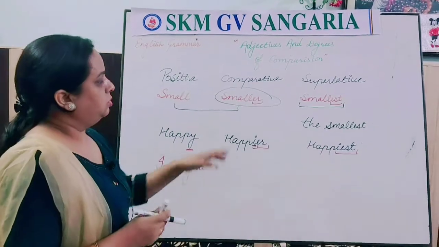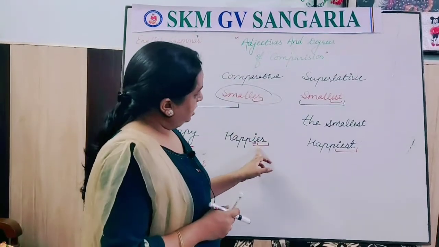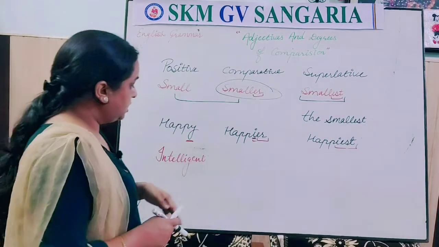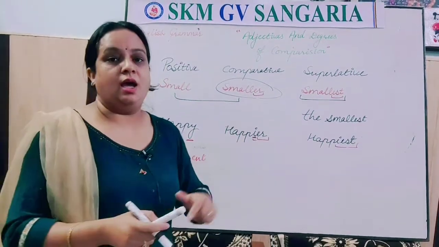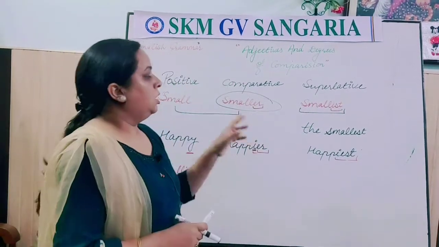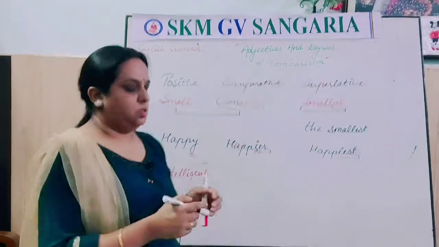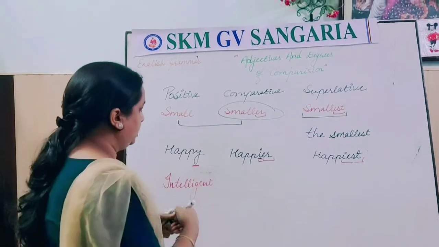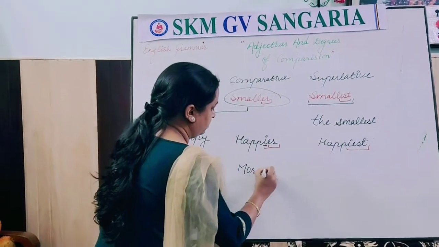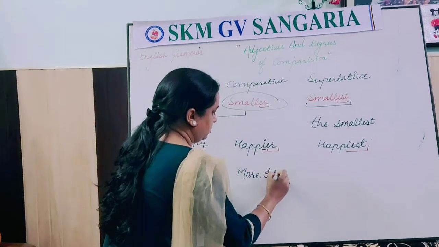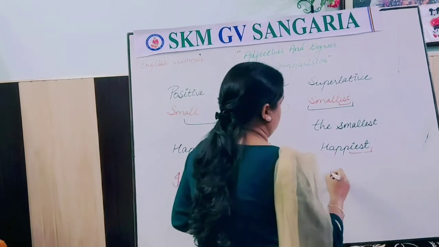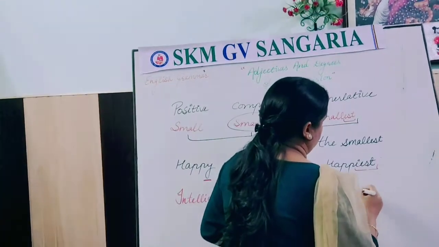As I told you, it is ER here, EST here also. So, is it intelligenter and intelligentest? No, that is wrong. Now, the question is this. First, let me write the comparative degree. That is more intelligent and most intelligent.